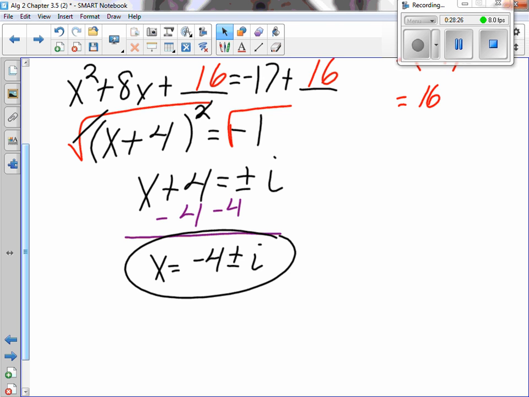And any time I use completing the square, I will always get solutions that work, yes? I will actually not solutions that work. Any quadratic equation that I use completing the square on will always give me an answer. There's not going to be a case where it doesn't give me an answer. Did y'all agree with that there? Because we've seen multiple cases where this has worked every single time, yes?